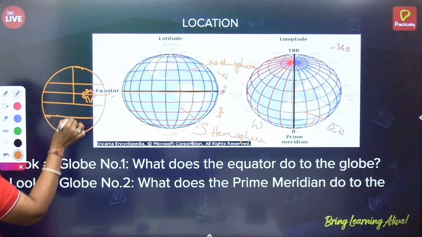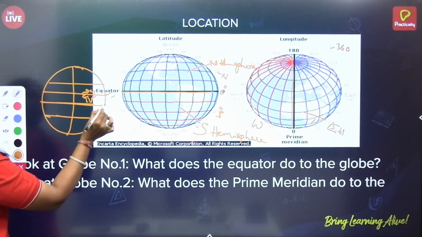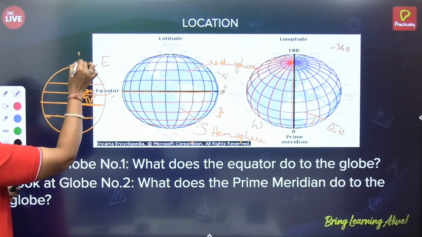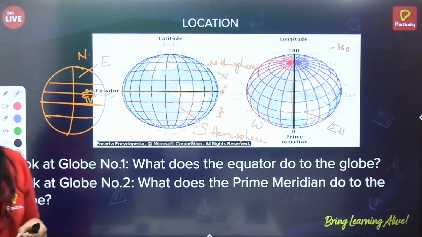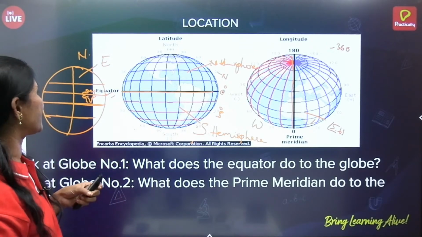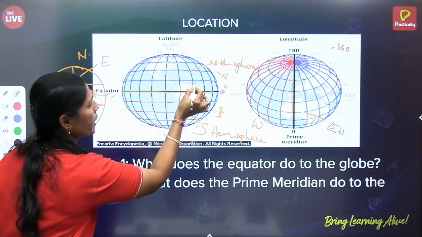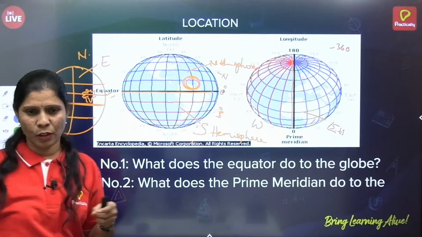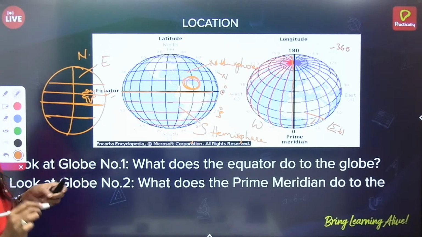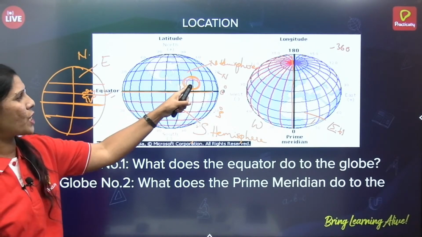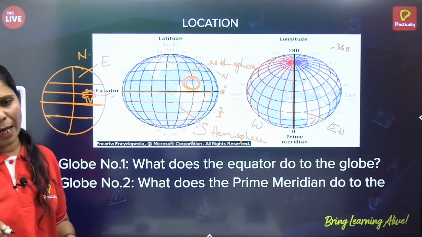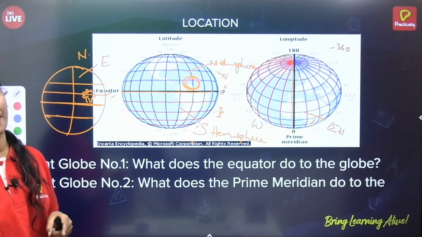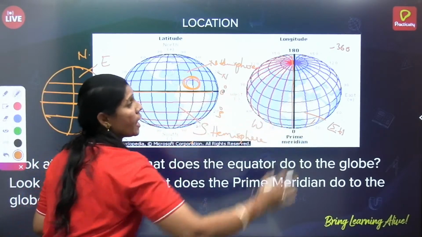That means it lies exactly in the eastern hemisphere and completely in the northern hemisphere. You need to remember that India exactly remains in these areas. Got it, children? So this is about the location. Always remember that India lies completely in the northern hemisphere and completely in the eastern hemisphere.